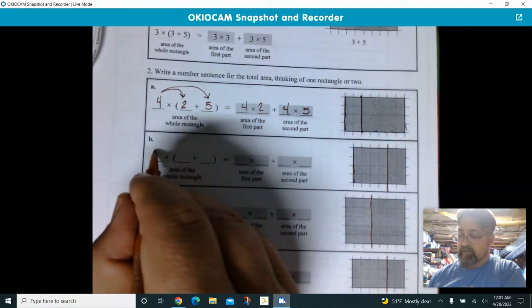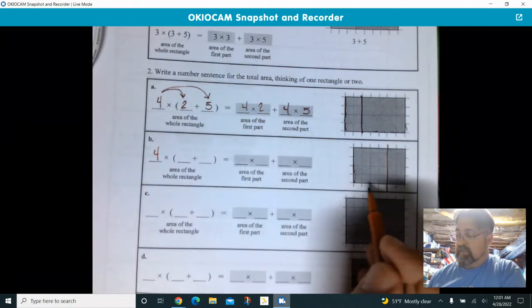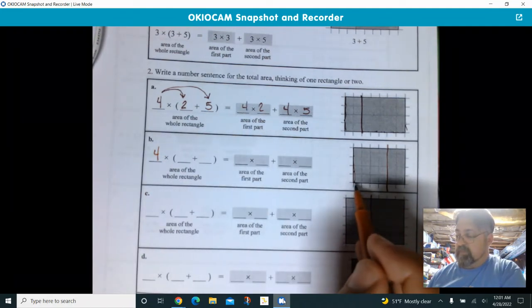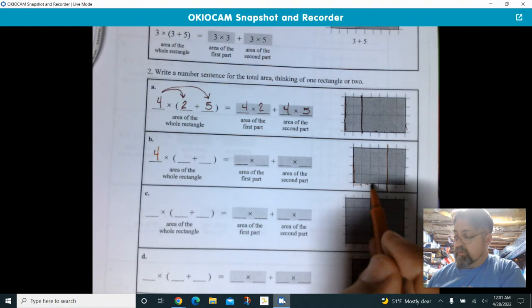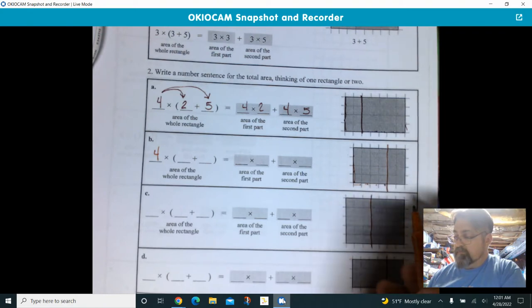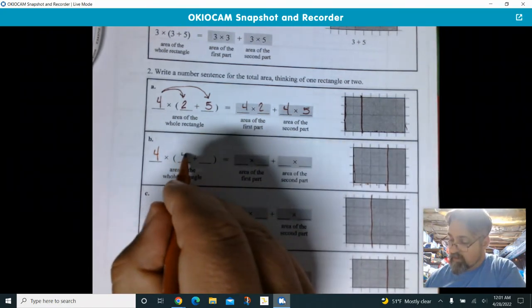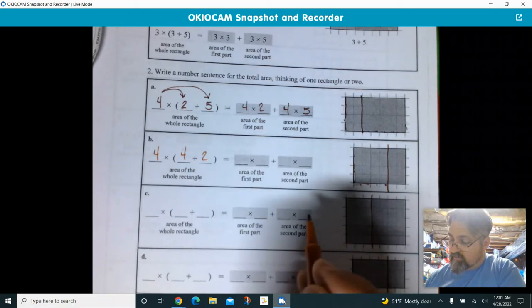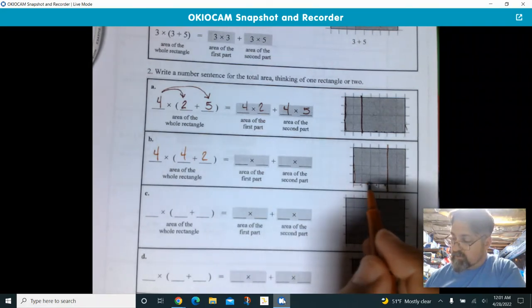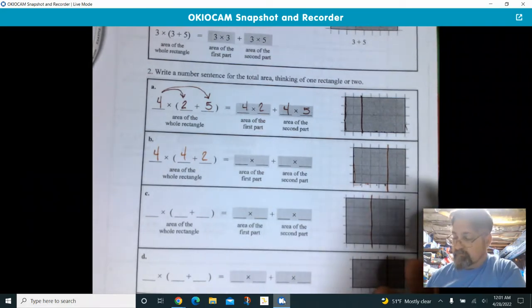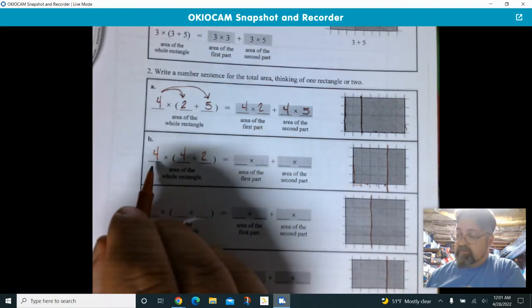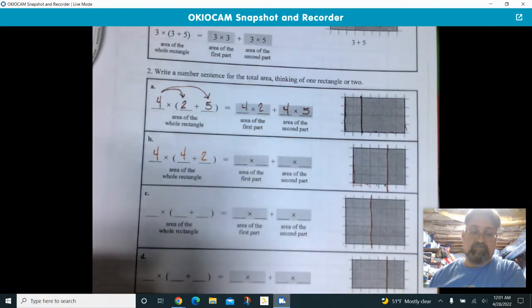So that's the one that goes right here. 4 times, this is very much split. 4 plus 2. Okay, 4 times (4 plus 2).